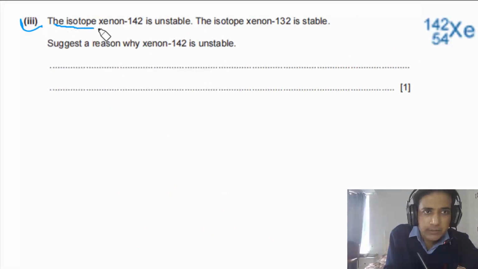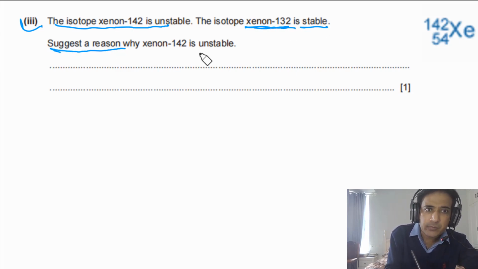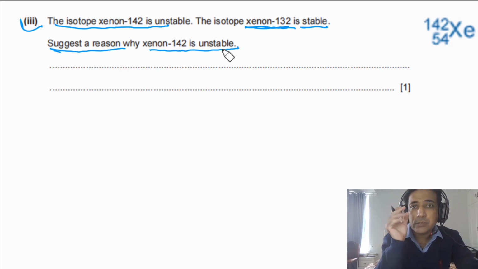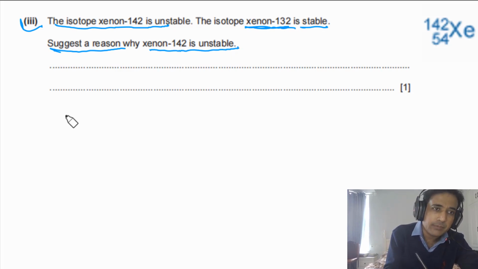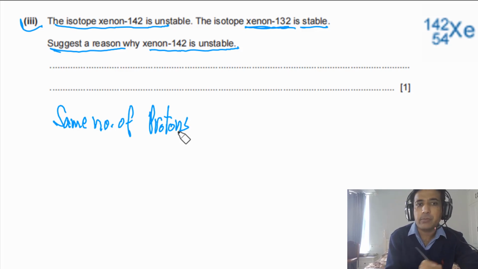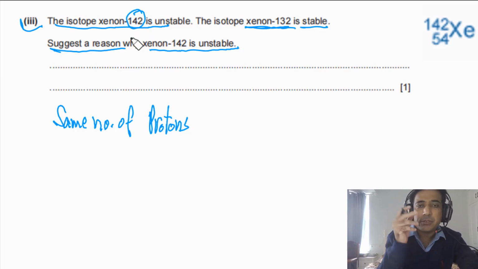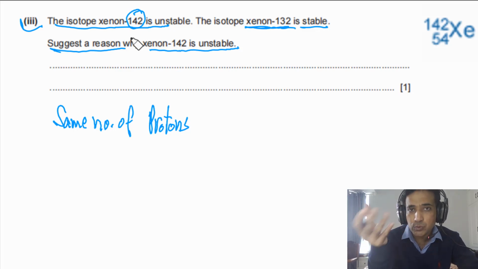The third part says the isotope xenon 142 is unstable, and the isotope xenon 132 is stable. Suggest a reason why xenon 142 is unstable. As these are isotopes of the same element, they have the same number of protons. As this one has a higher mass number, it has more neutrons.